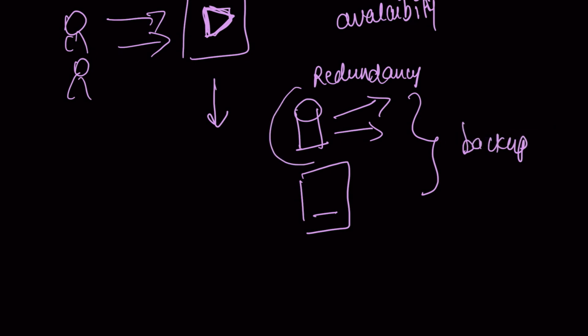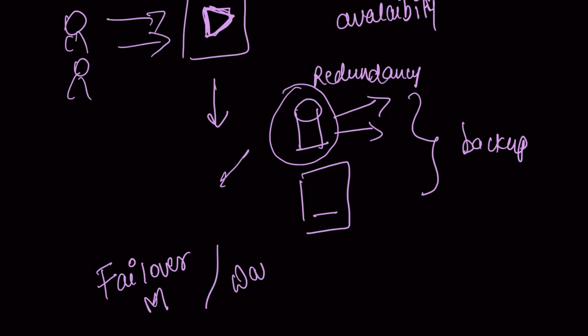So if some data center fails, another data center of YouTube will take over, and this will prevent the failure. So here we will have a failover mechanism. We will also have data replication, where we replicate the data across geographical regions, and geo redundancy.